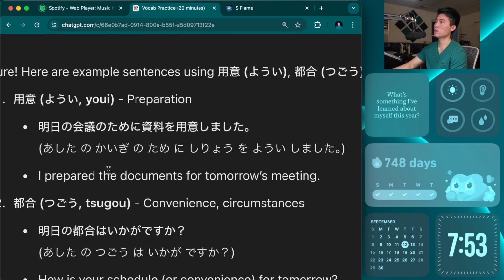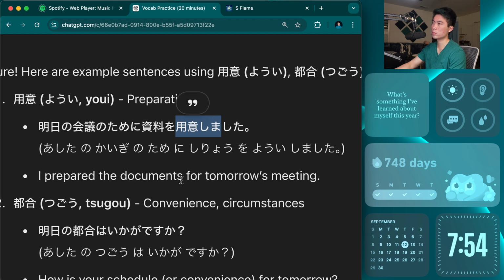Okay, let's do the example sentences. よい、明日の会議のために I don't know what this is. 資料を用意しました.